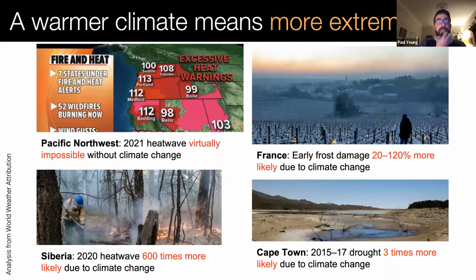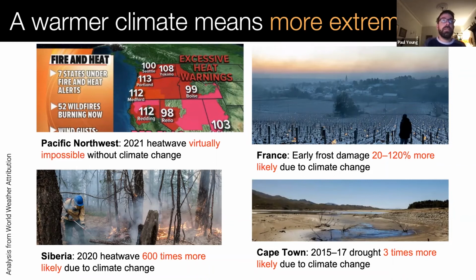I should also say that the science is really advanced, particularly in the last few years, where scientists have been able to look at extreme events that have occurred in recent times and assign them to climate change.